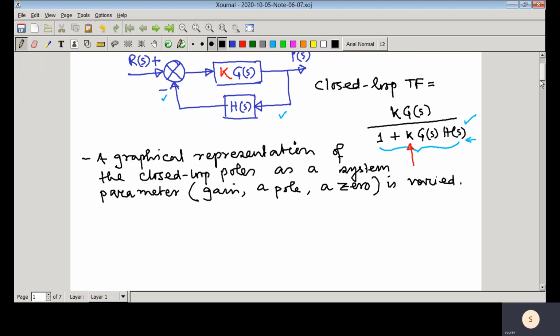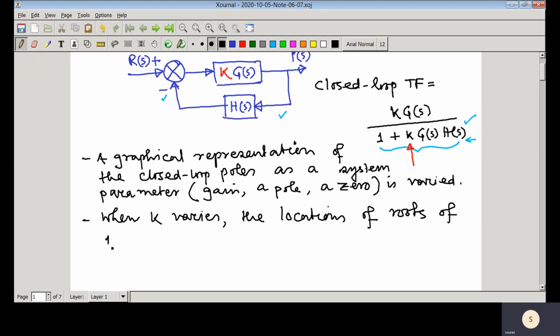So from the closed loop transfer function, we can say that when K varies, the locations of the roots of 1 plus K G(s) H(s) equal to 0, which is the characteristic equation, also vary.